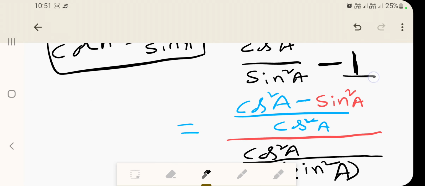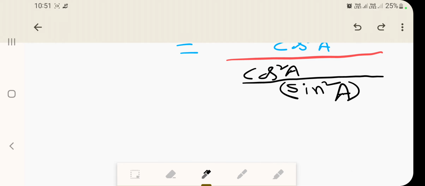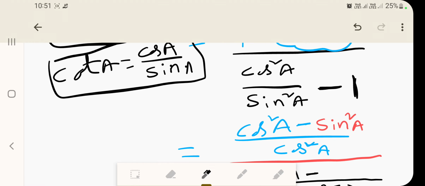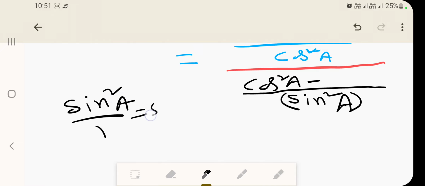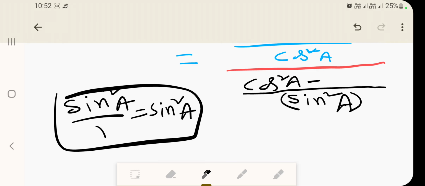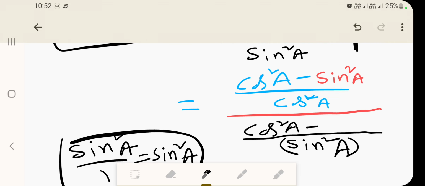So 1 by 1, as we have done in the numerator, the same 1 by 1 we can take here. This sin square A divided by 1 we get as sin square A, and this sin square A we write in the numerator. So here we got sin square A.